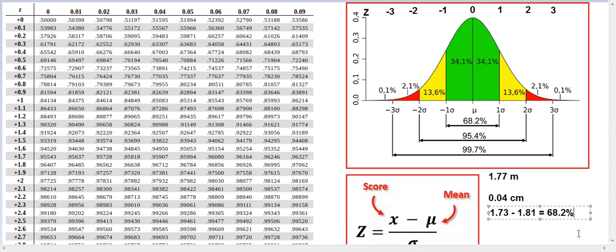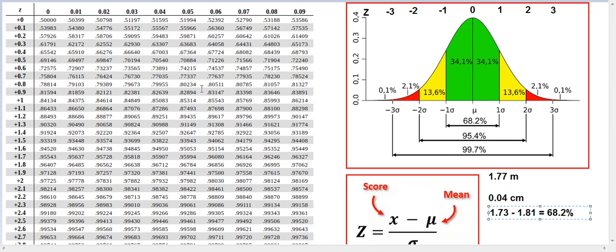Okay, of course, when we are analyzing numbers that are exactly on standard deviations, this is going to be very simple. But what if we have different numbers? Alright, so that's where the z-score is going to make sense.